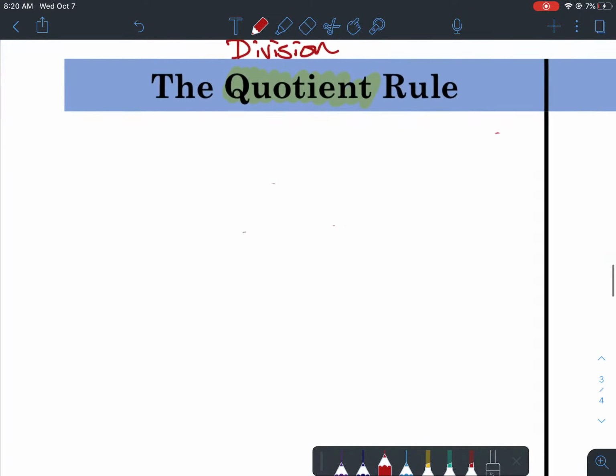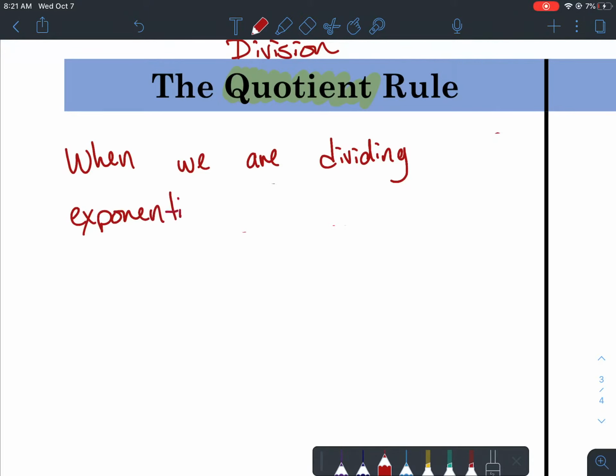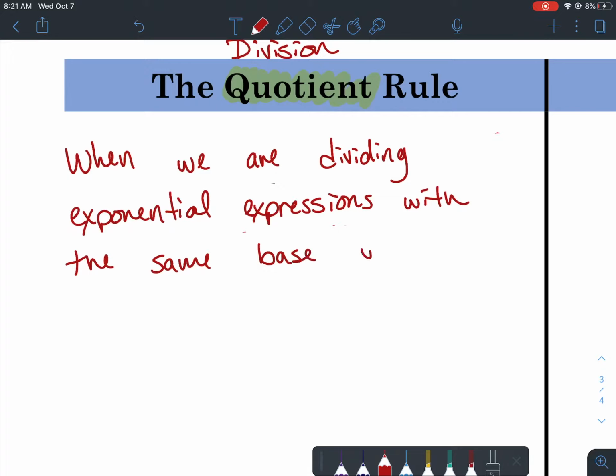So the quotient rule is when we are dividing exponential expressions with the same base, we subtract the exponents.